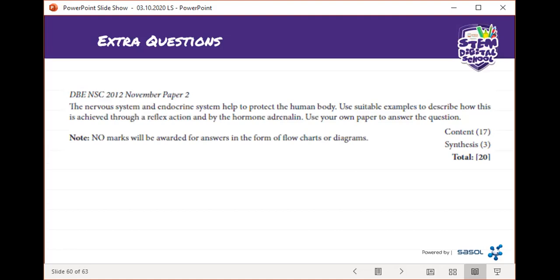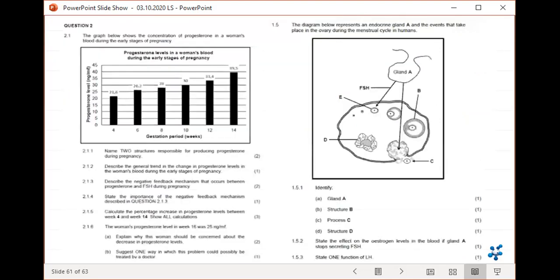Okay, so this is from a past paper, 2012 November, paper 2. And we have more questions here, which is question 2.1 about information on a graph, and question 1.5.